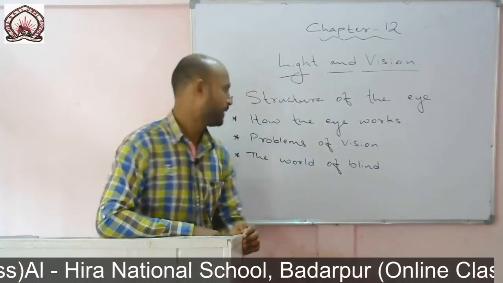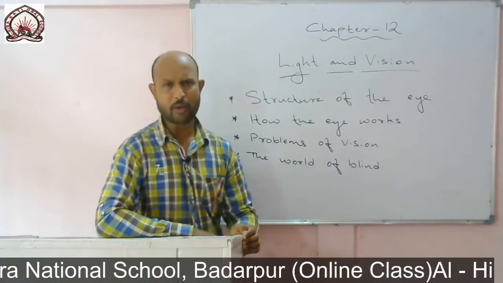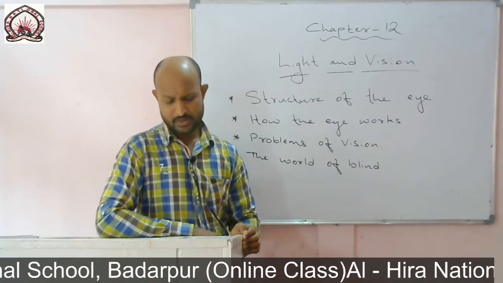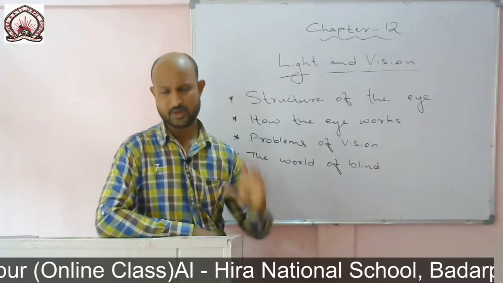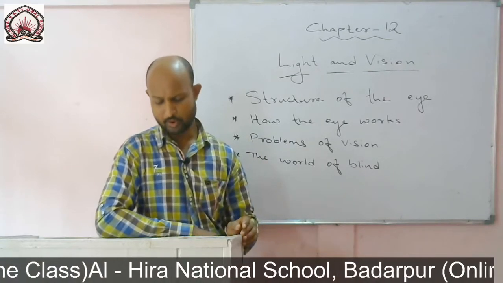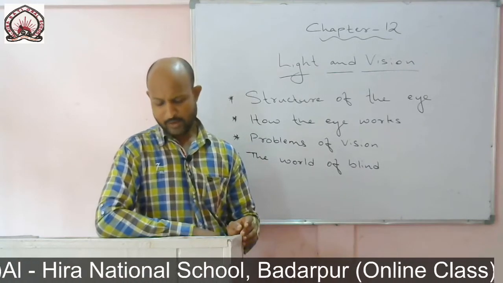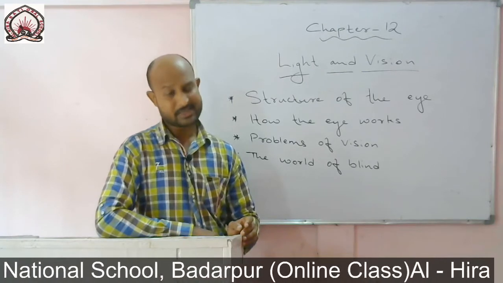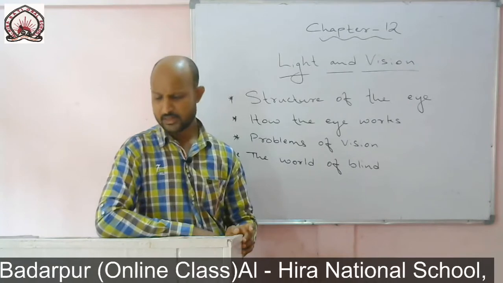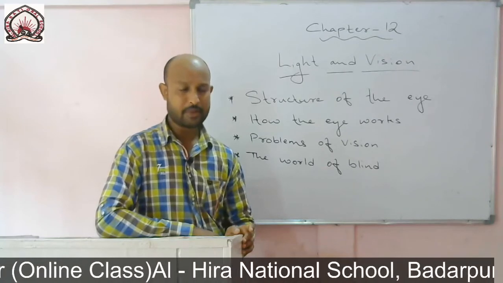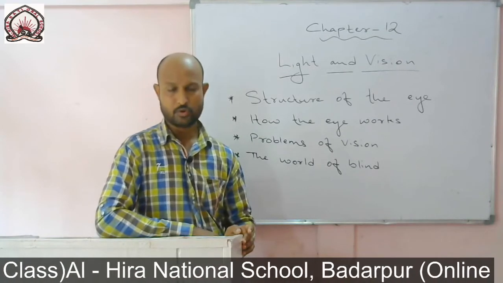We know that our eye is enclosed in a nearly spherical eyeball. A protective white membrane, which is called the sclera, covers most of the eyeball. You might have seen your eyes many times when you look at a mirror.